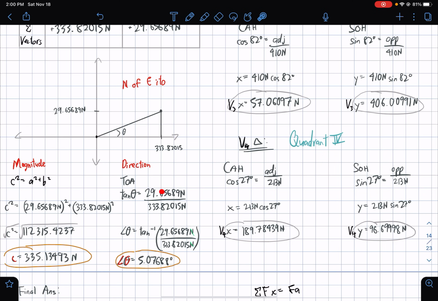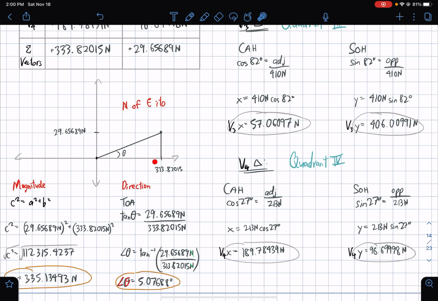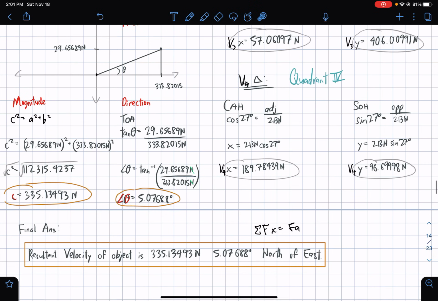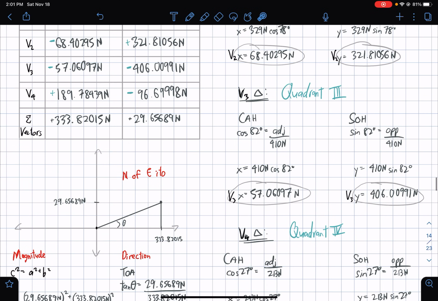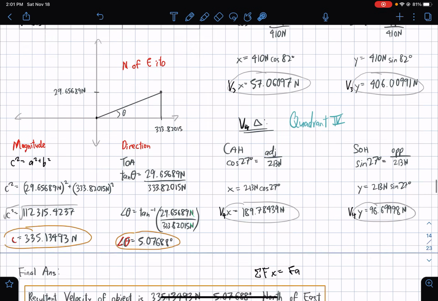Direction, TOA, such that the opposite is this one, parallel to the y-axis, and the adjacent side, this one. So arctangent 5 point something degrees. So resultant velocity of the object is 335 newtons, 5.07688 degrees north of east. Why is it north of east? Because it is in quadrant 1, north east. So going up and right.